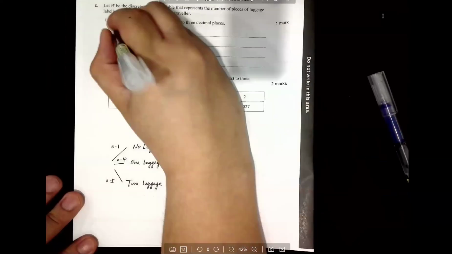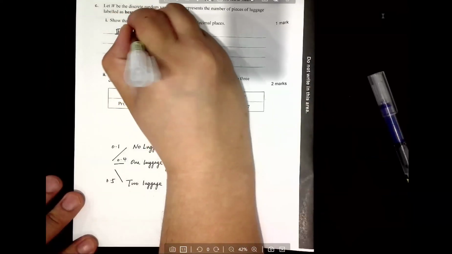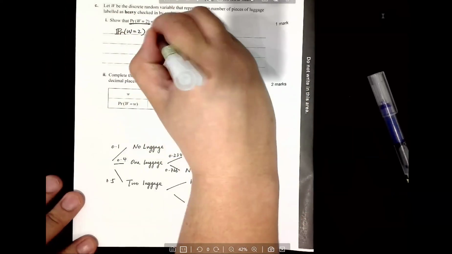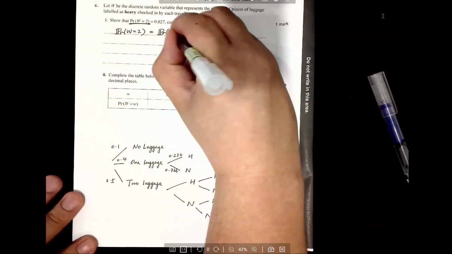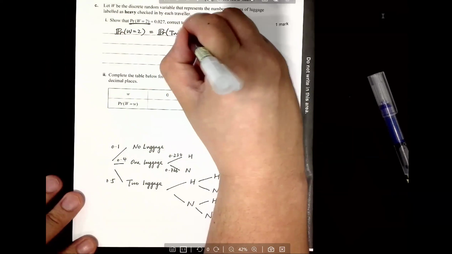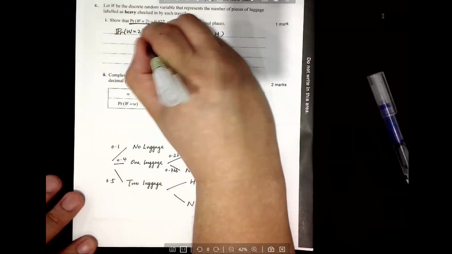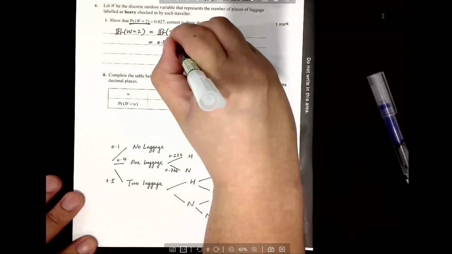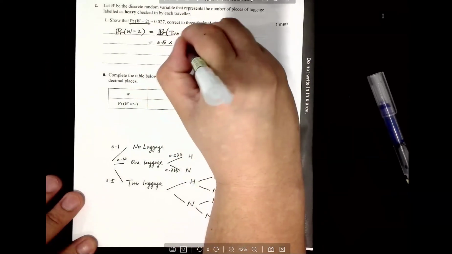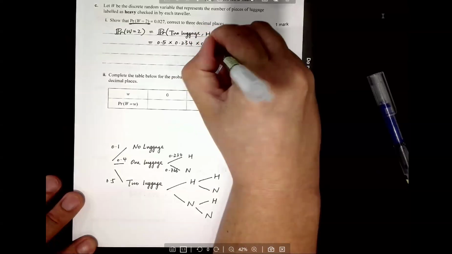And we want to use: probability W equals 2 is probability two luggage first, then heavy, heavy. That's why you need to multiply by 0.5, then 0.234 times 0.234.